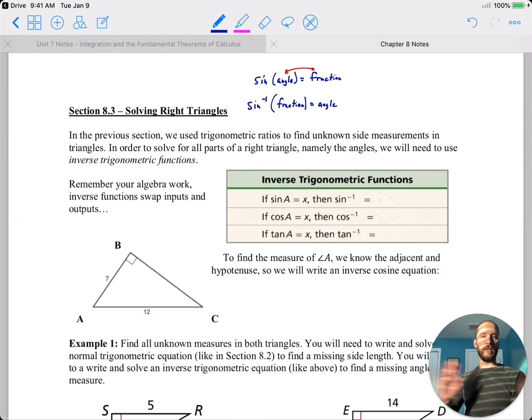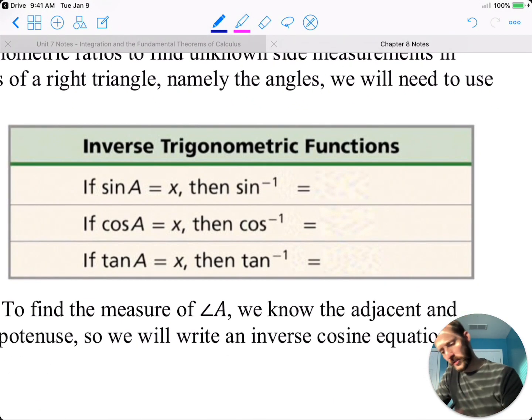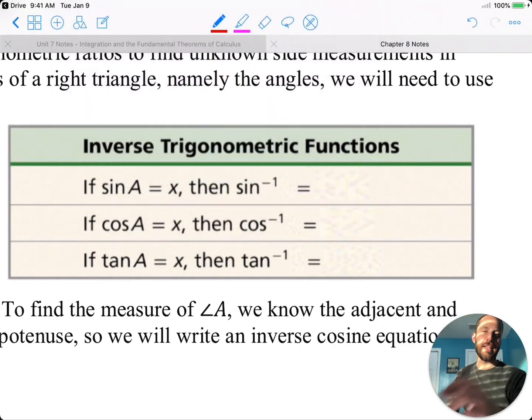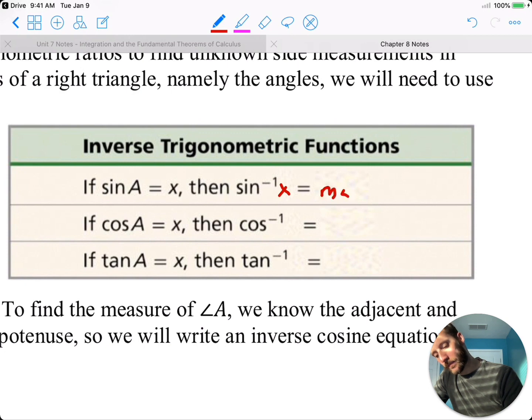So let's look at this in practice. We have, let's fill this up first. Sine of angle A is x, then inverse sine of x. It's really sloppy writing.